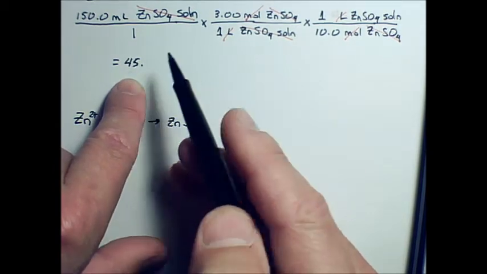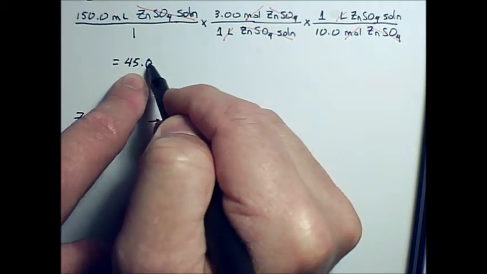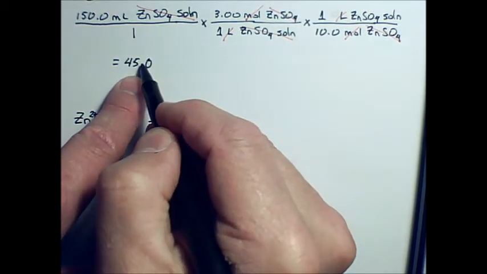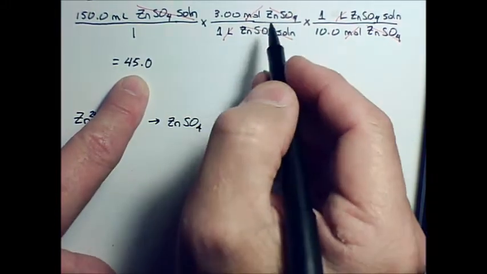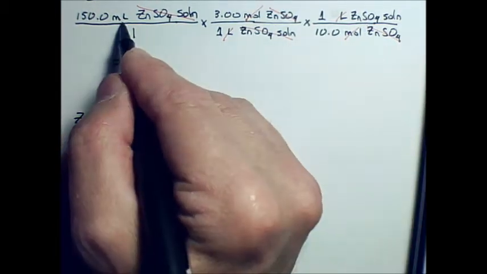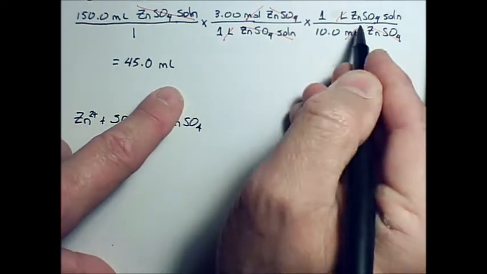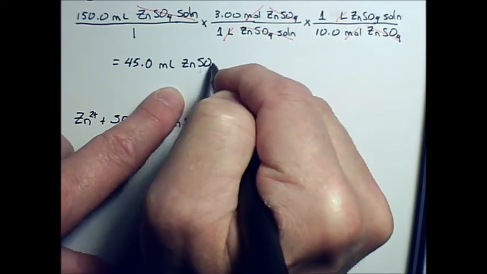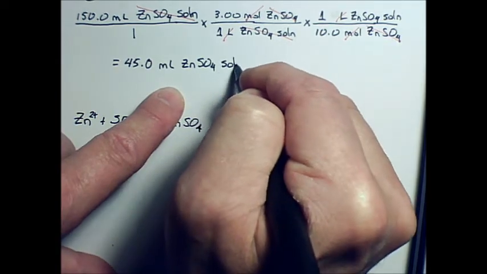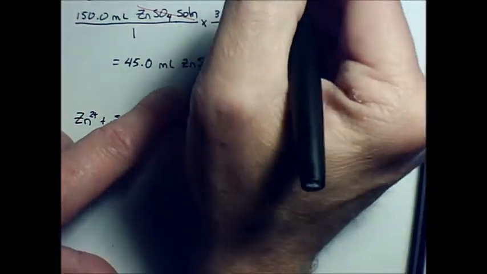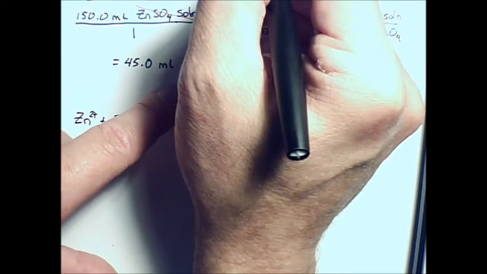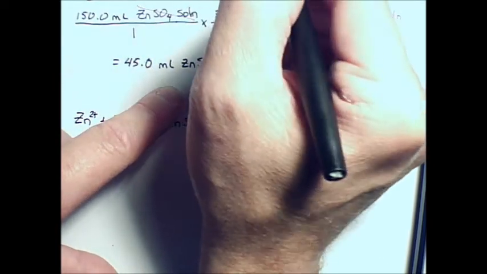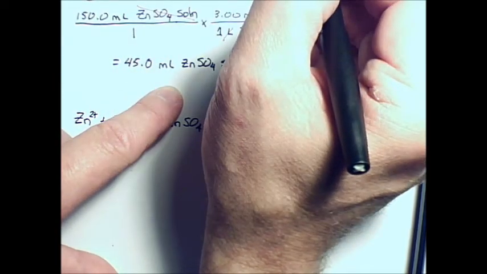I have to have a 0 on there to have 3 significant digits. This 0 is significant because it follows a decimal place and a non-zero digit. So now I want to find the units. I've got milliliters left, and zinc sulfate solution left. But remember, we had 2 different solutions up here: a solution that was 10 molar and a solution that was 3 molar.